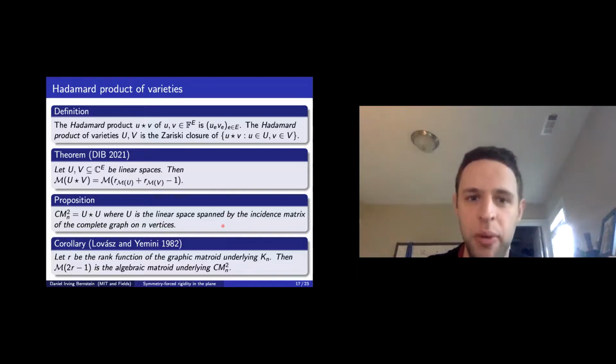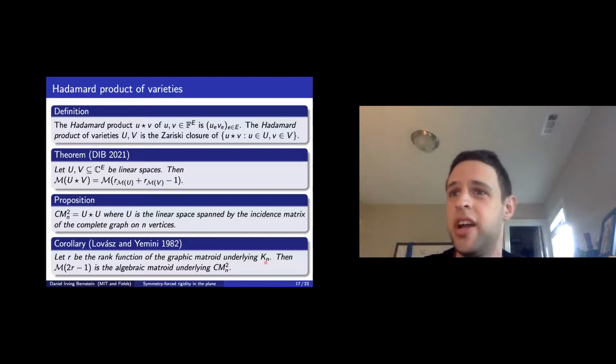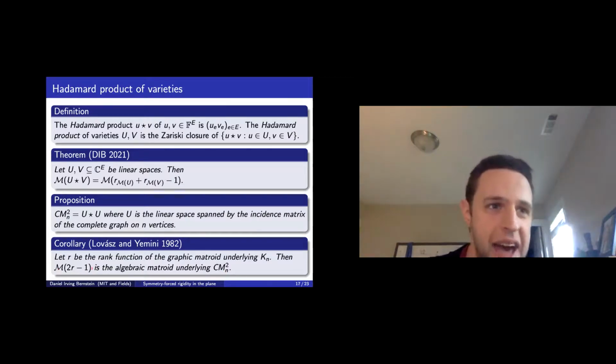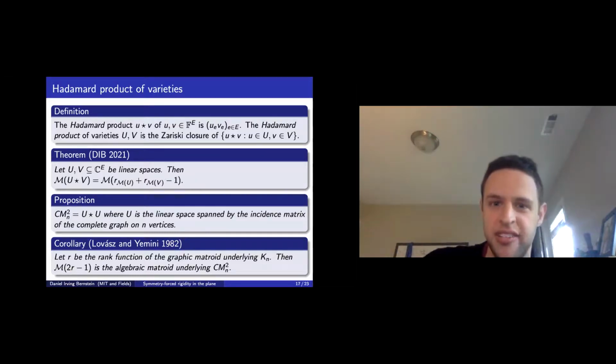Applying what we know about the rank function of complete graphs in the graphic matroids, this tells us that if R is the rank function of the graphic matroid underlying Kn, then the algebraic matroid underlying the Cayley-Menger variety of n points in 2 dimensions is just M of twice R minus 1. This goes back to Lovász and Yemini in 1982. They proved this using combinatorial means, but there's a deeper geometric reason behind this, and it generalizes to the symmetry-forced setting to an extent.